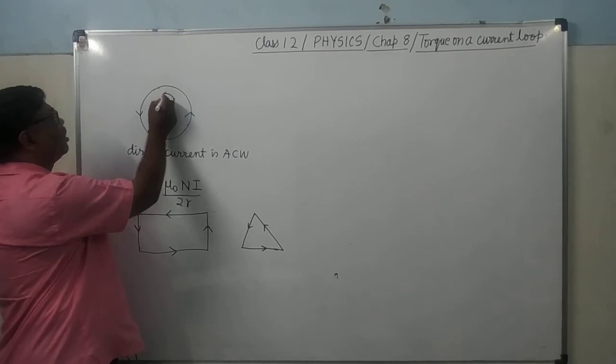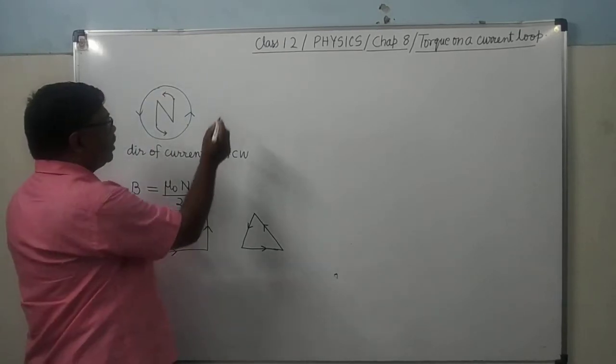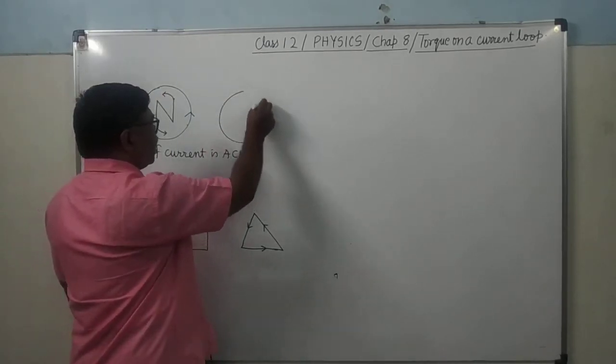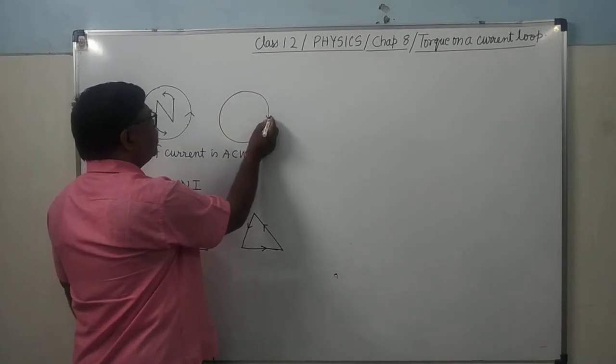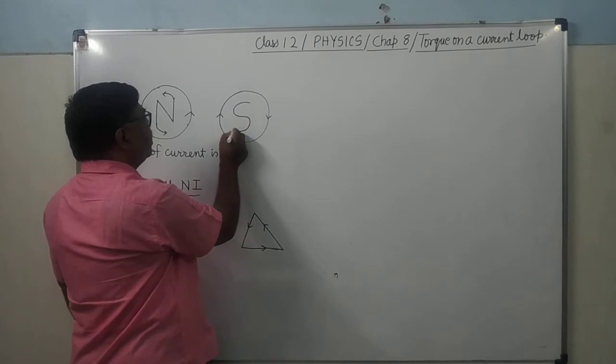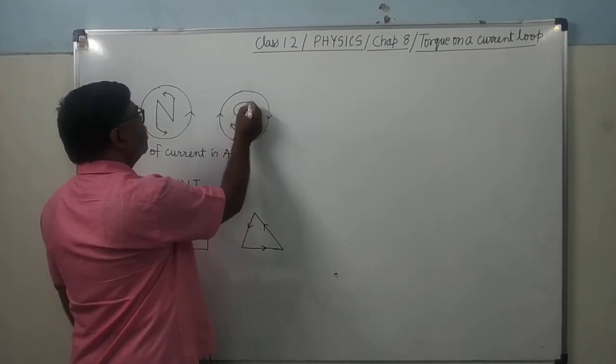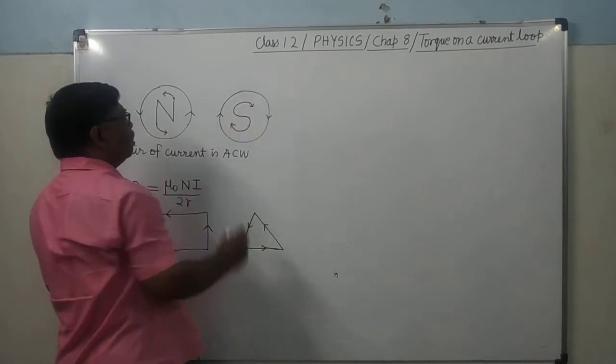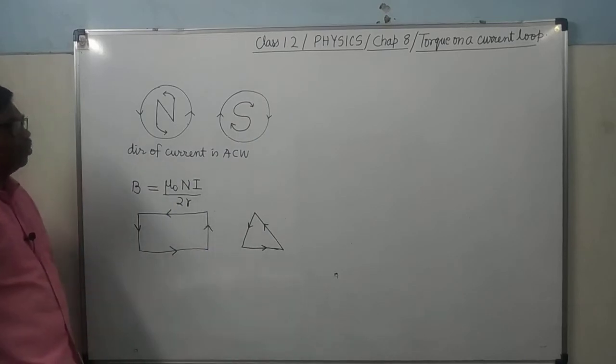There will be north polarity. And if the direction of current appears clockwise, for example this way, then there will be south polarity.